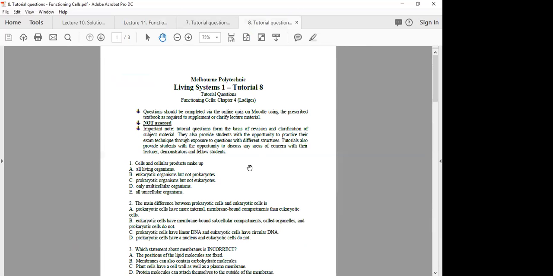Is everyone aware that you need to write 2 prac reports by the end of semester? Yes? Good. 2 prac reports. One must be on the acid and base titration prac, and the other report you can choose any of the pracs that you did.